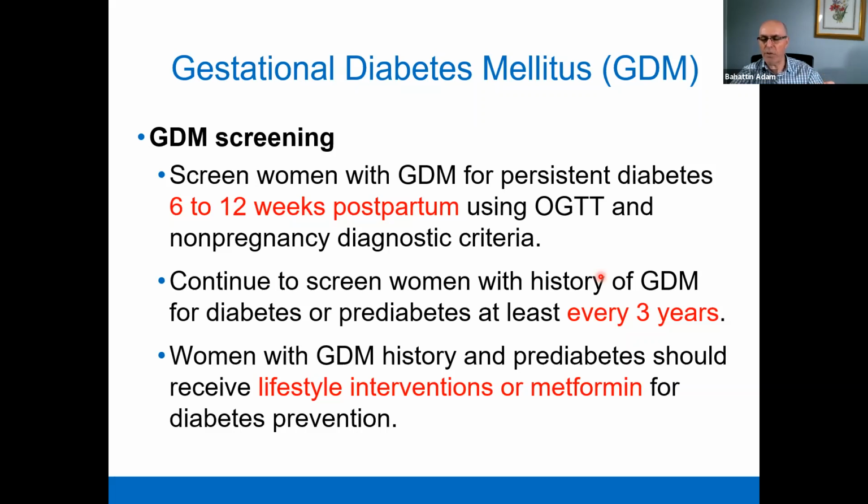If you diagnose gestational diabetes mellitus, you have to screen the patients 6 to 12 weeks after postpartum, and you also have to screen every 3 years, and you also provide lifestyle interventions or metformin for diabetes prevention.